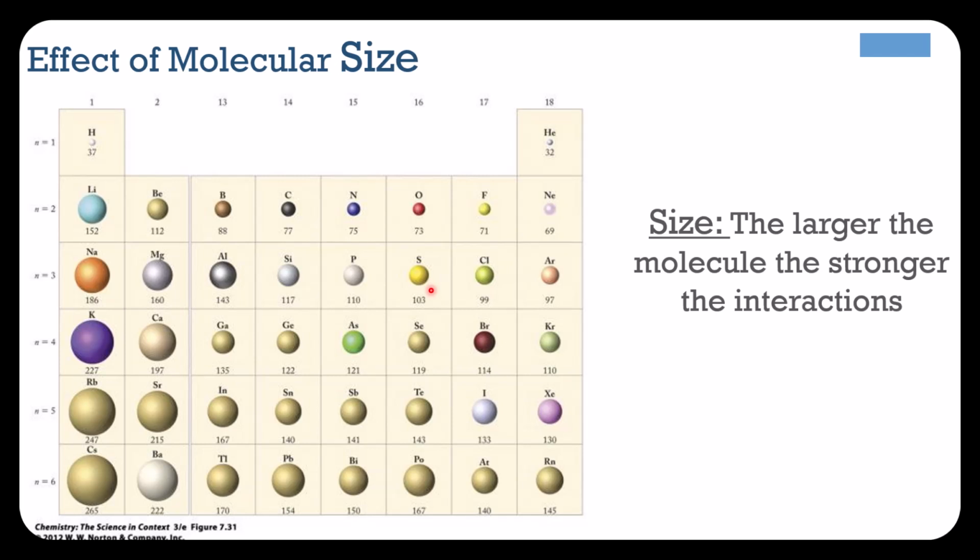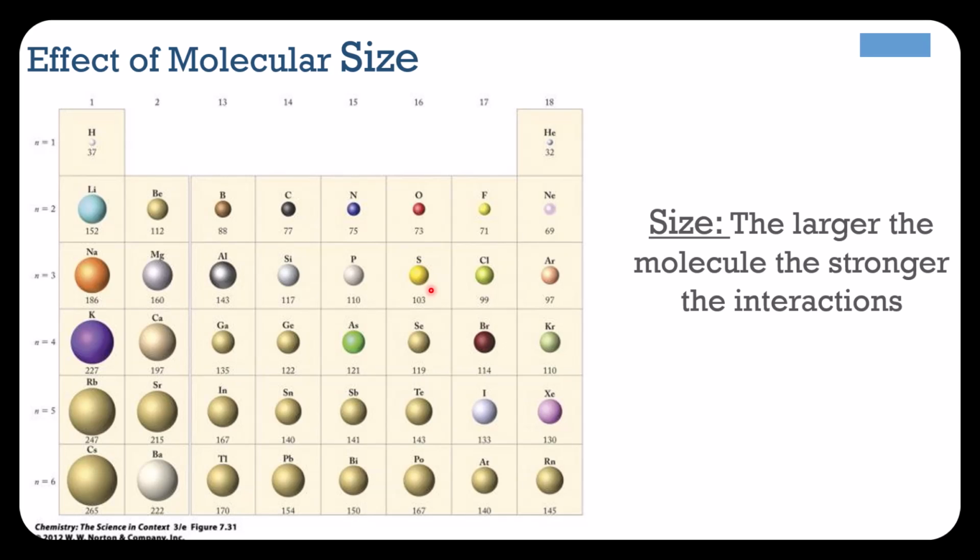A smaller atom is less likely to have those electron shifts happen, so we won't see as many. So smaller is weaker, larger is stronger interactions. That holds true for atoms, and that holds true for molecules.